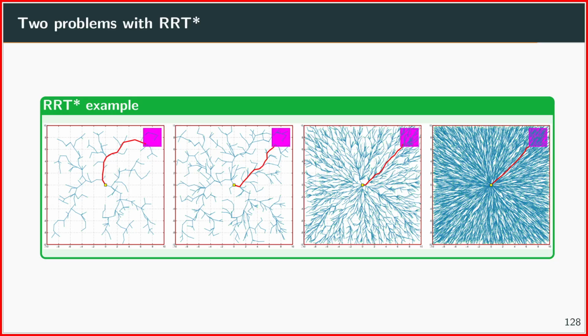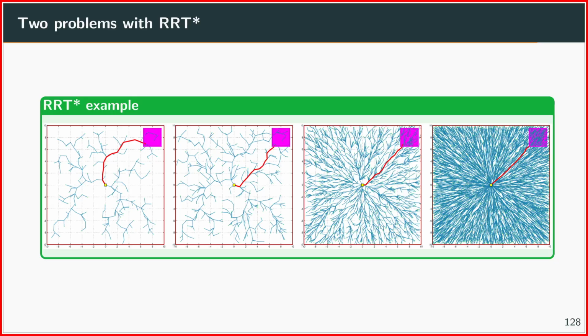So this is the first problem, and the second problem is, in this iteration here, we found a path to our goal, and then instead of improving this path, RRT star is just growing the tree in all directions of your configuration space, and you still sample in the lower left corner here, and you still rewire your tree in the lower left corner, and you do that all the time, and you get this nice tree here which covers everything.